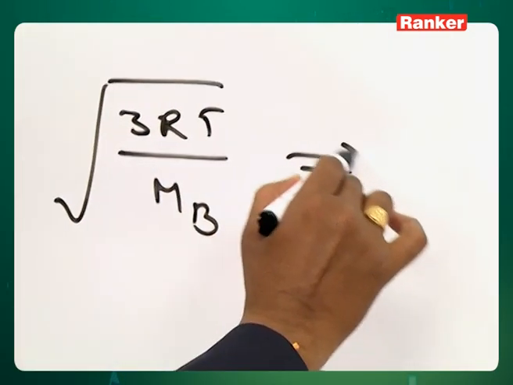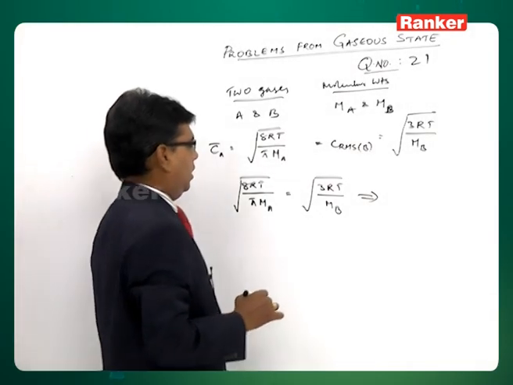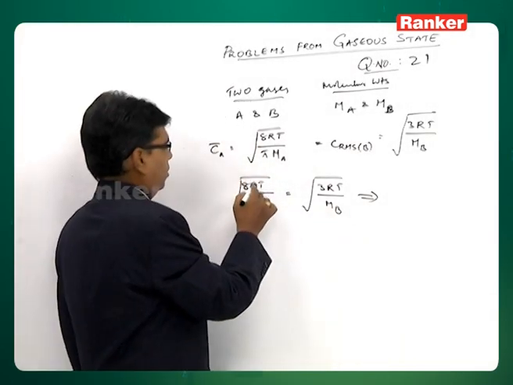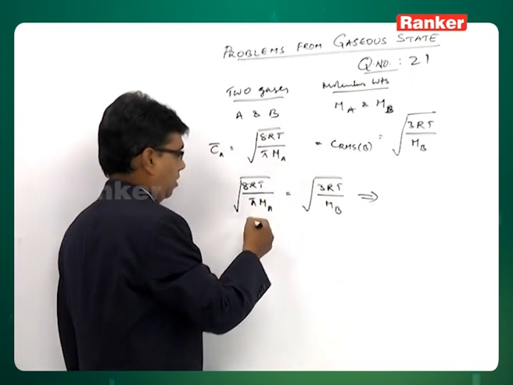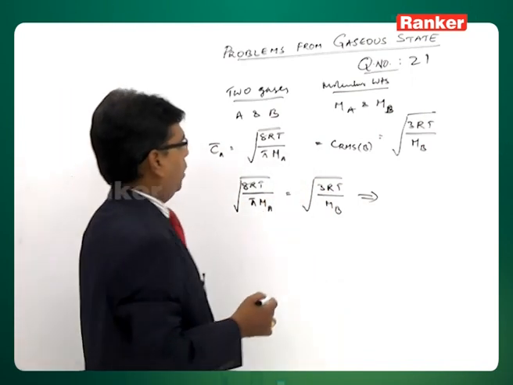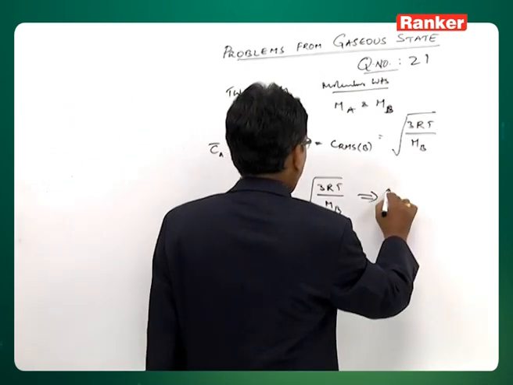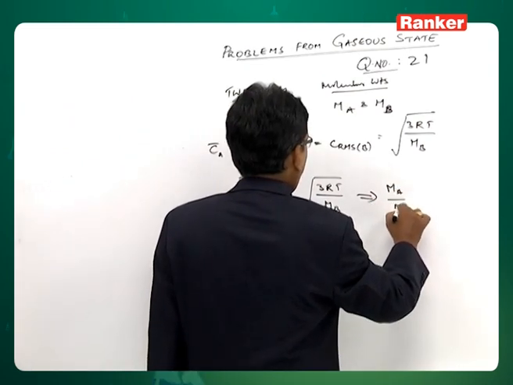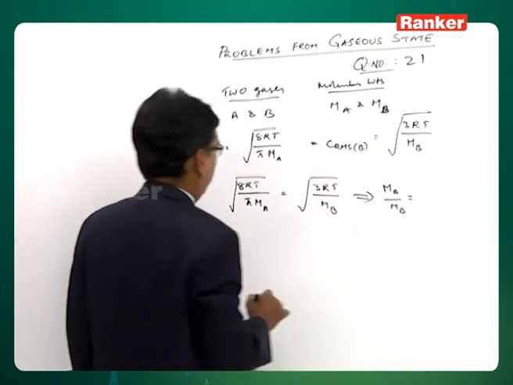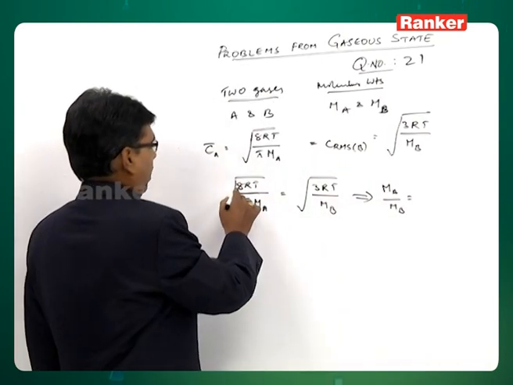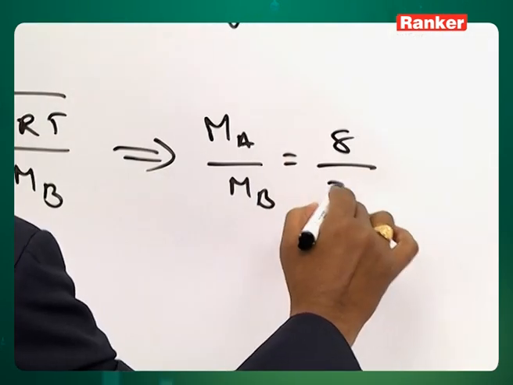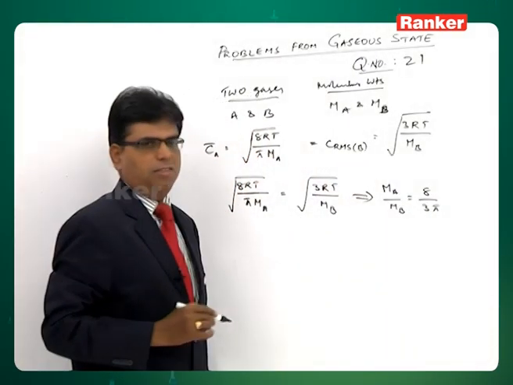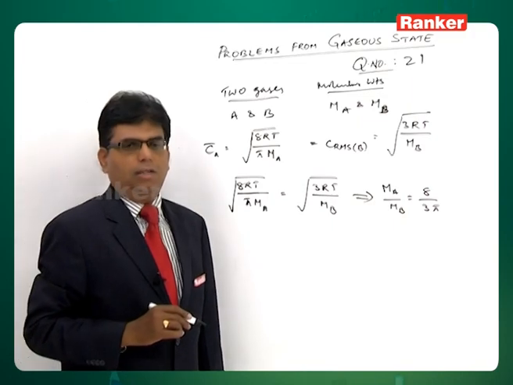If you cancel the square roots, then R, T, everything gets cancelled, and the ratio Ma by Mb is equal to 8 by 3 pi. That is the ratio of molecular weights, right.